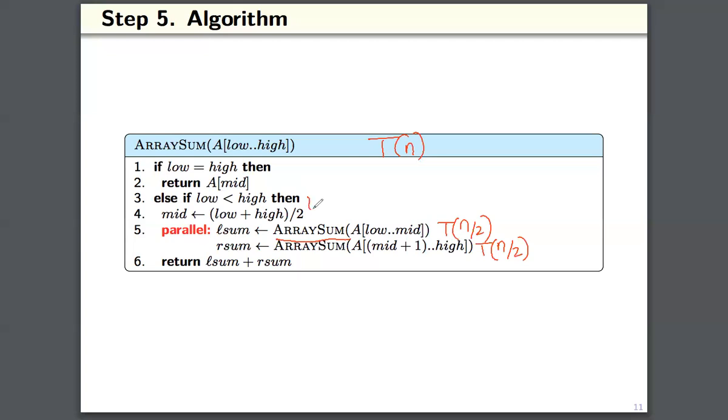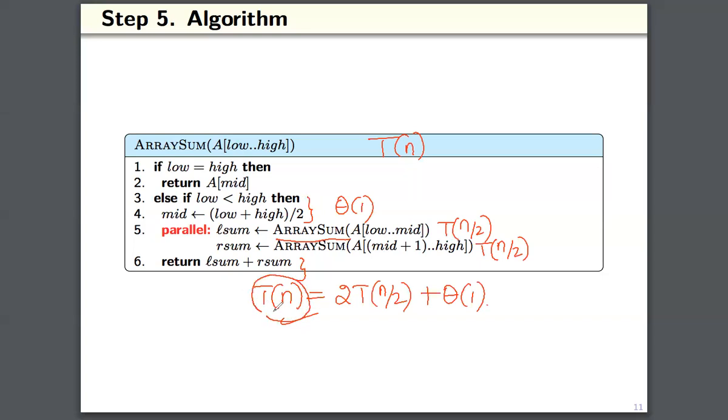Along with it, it does some computations here. Let's say all these computations are just theta 1. So T of n is really 2T of n by 2 plus theta 1. That's your work. That's the total number of computations. That's the runtime on a one processor machine. So analyzing time is very easy.